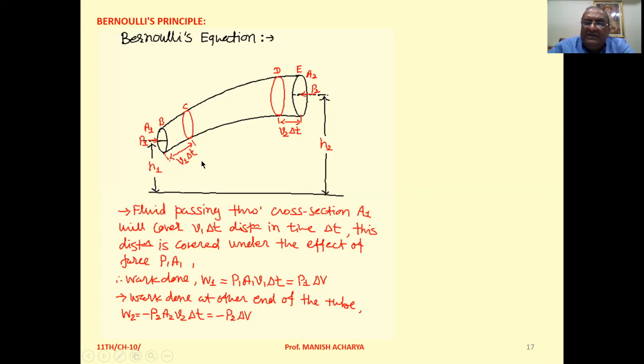Now, in the same time interval, suppose here the fluid is displaced from D to E, means at other end the fluid cover the distance equal to V2 into delta t. Okay.